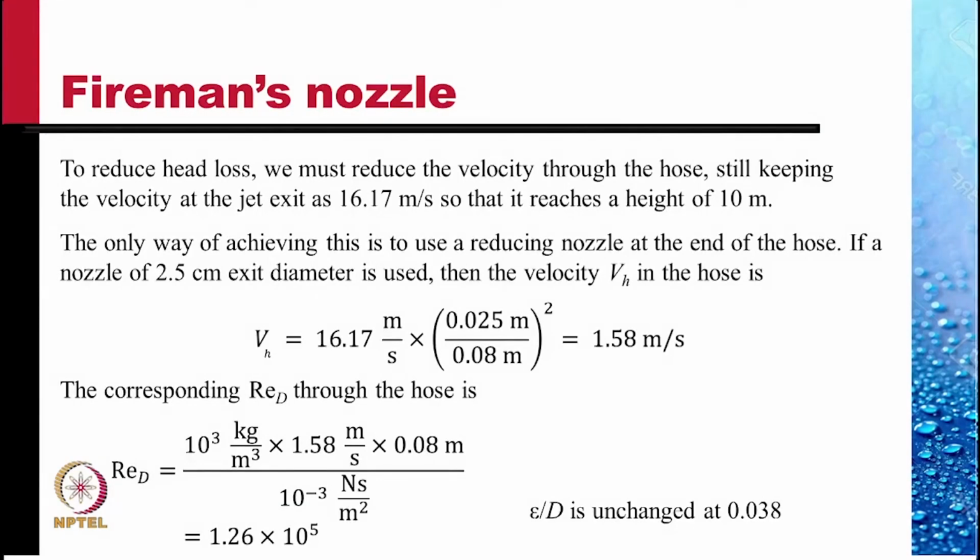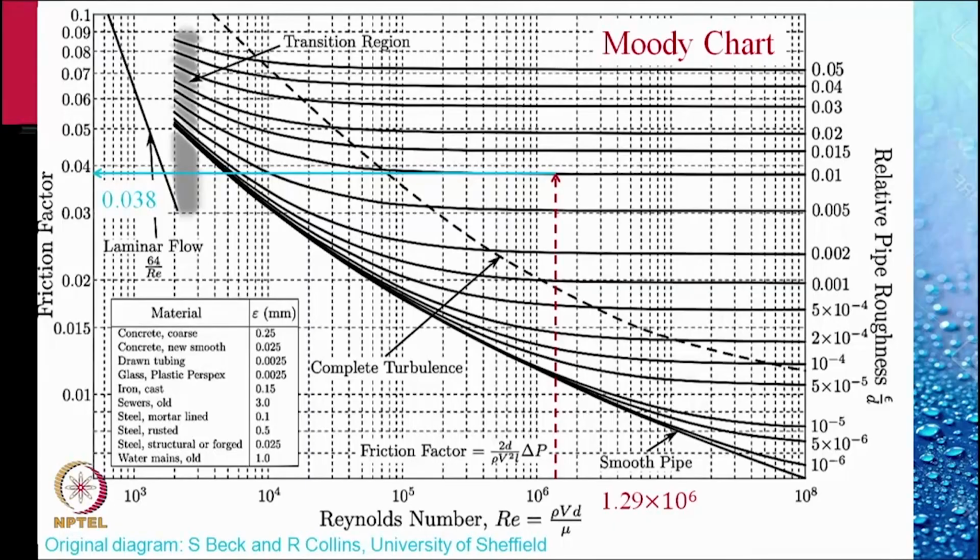Epsilon by D remains unchanged because we have not changed the diameter of the hose. And from the Moody chart, for the new Reynolds number, 1.26 × 10^5, the point is here. And so F is unchanged at 0.038.